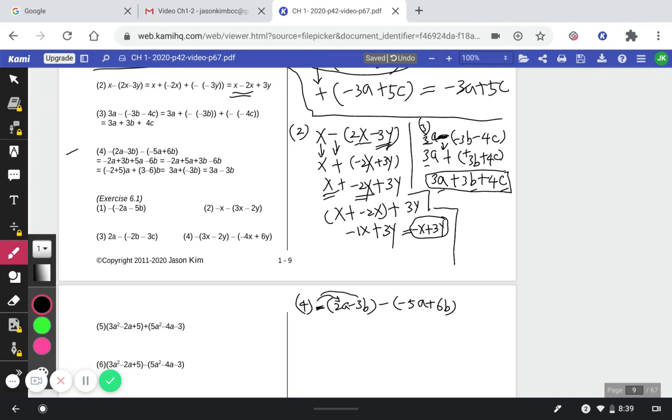When you distribute, you change everything in there. So it's like keep change. You change minus to plus, and 2a becomes negative 2a, minus 3b becomes plus 3b. That's the keep change method. Distribution is another way of doing it, but that's a little more complicated. So let's do the keep change method.